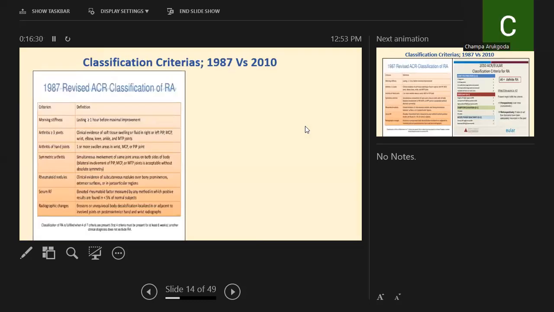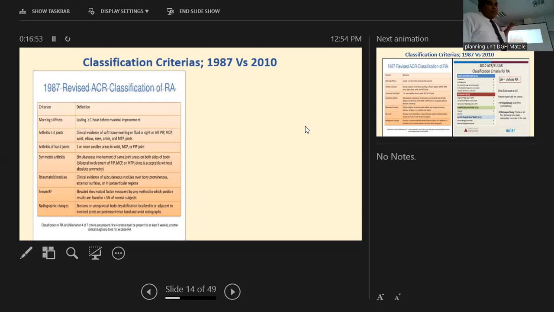So the other landmark thing is, when we were medical students, what we learned was this 1987 revised ACR criteria for RA. If we go through that, if you look at number 7 and so on, it would say radiological changes. And there are rheumatoid nodules and so on.